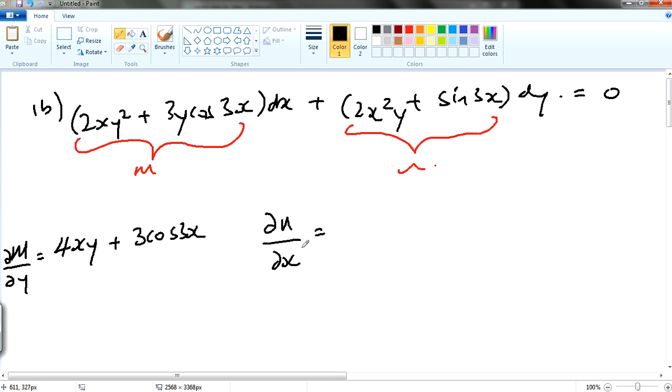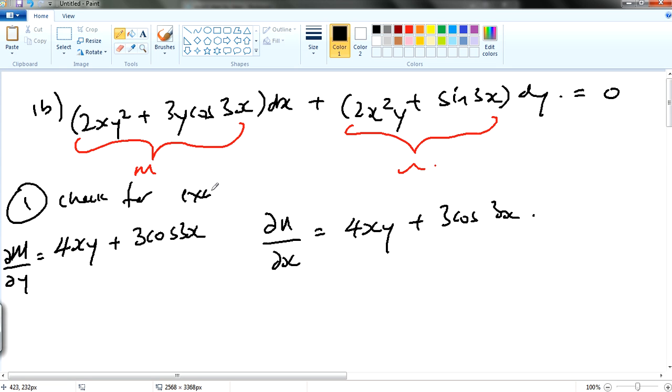If you were to take the partial in terms of x, you will get 4xy plus 3 cosine 3x. So apparently you can see that they are exact. So this is the first step: check for exactness.